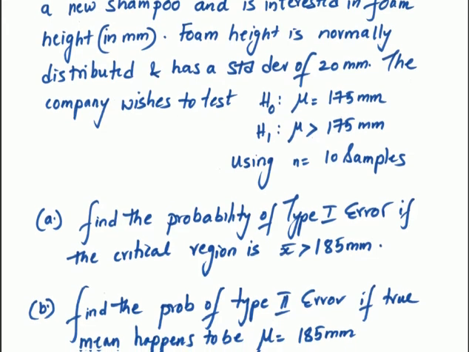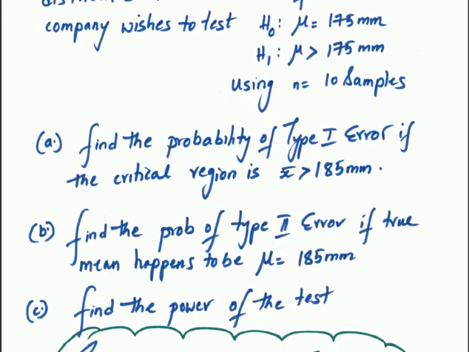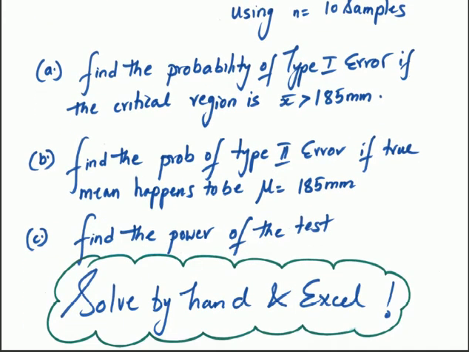So let's see what kind of questions are being asked. The first question is to find the probability of type 1 error if the critical region is x bar greater than 185, and the next one is finding the probability of a type 2 error if the true mean happens to be mu equals 185.